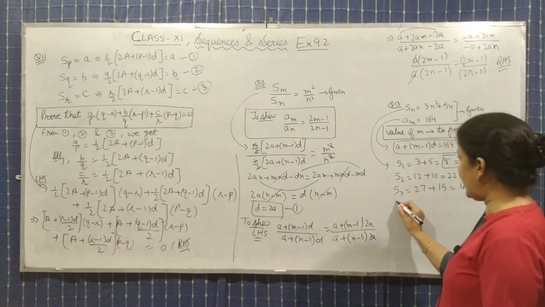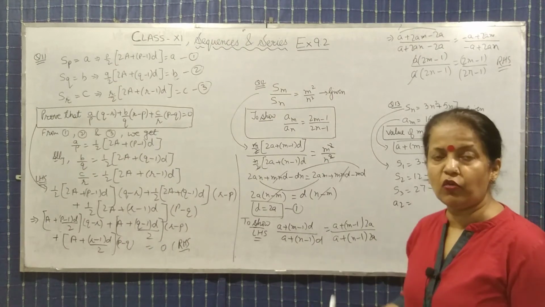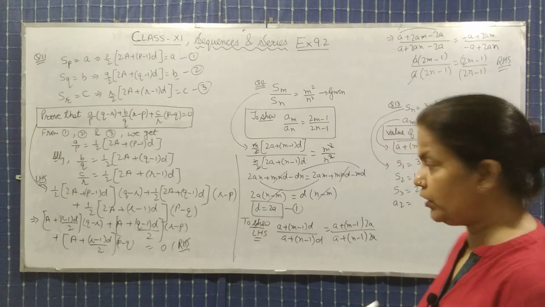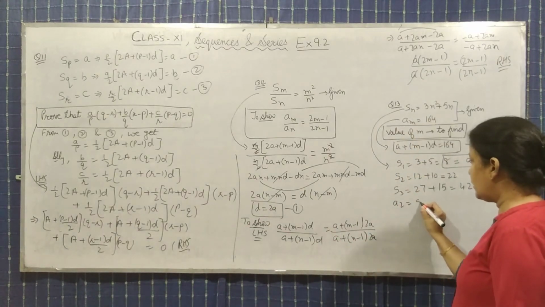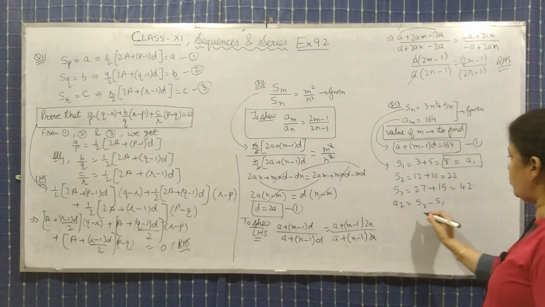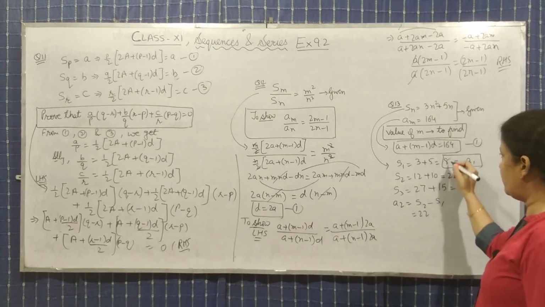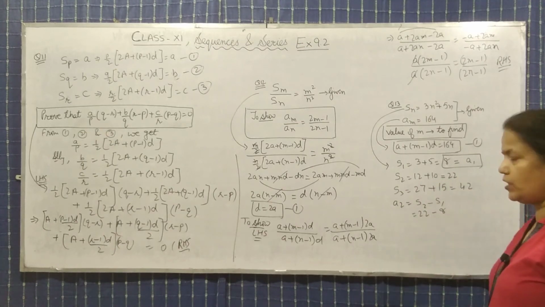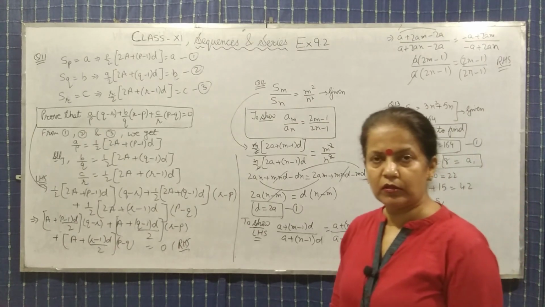Now what about A2? How can you find out A2? In the previous class we did it. A2 means S2 minus S1, isn't it? So S2 is 22, 22 minus S1, that is 8. Is it clear?